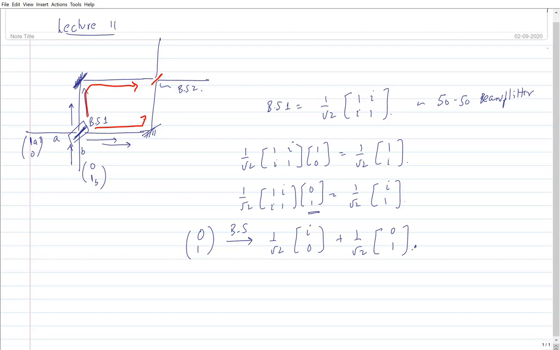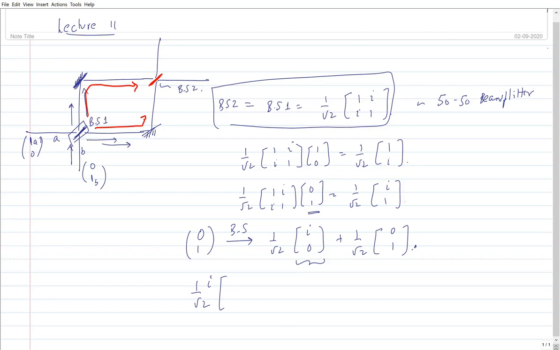So let's just consider beam splitter 2. What does it do? Essentially, the action of beam splitter 2 is exactly the same. Beam splitter 2 is the same as beam splitter 1, given by this unitary matrix. So what does it do? This is 1 over root 2 iota.